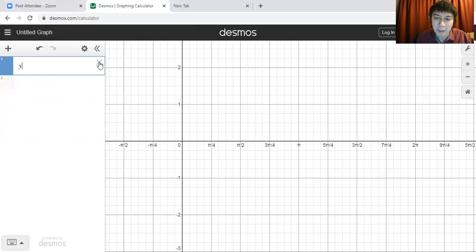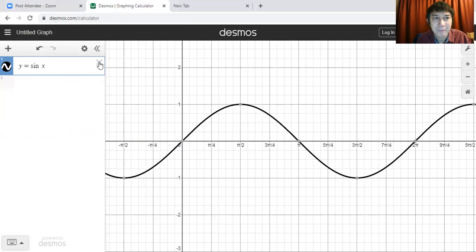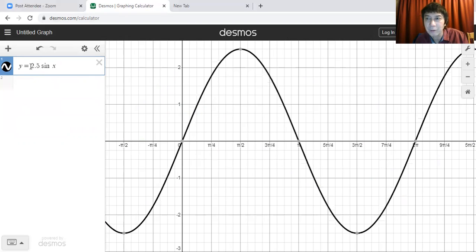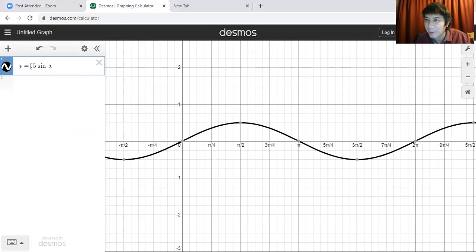Going back to y is equal to sine x, if you put a number in front of the function sine, it will change the height. If you put 2 there, it will change the height. If you make it 2.5, then it will be higher. If you reduce it to 0.5, it will be lower.